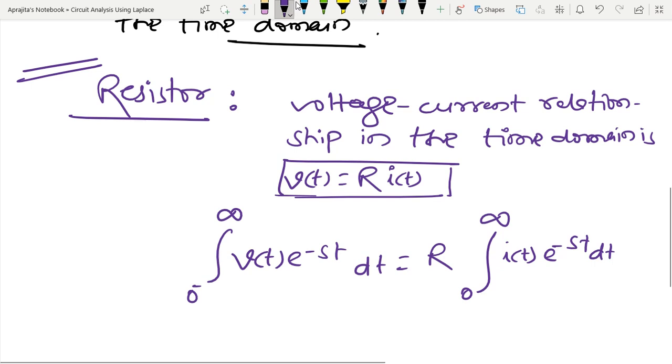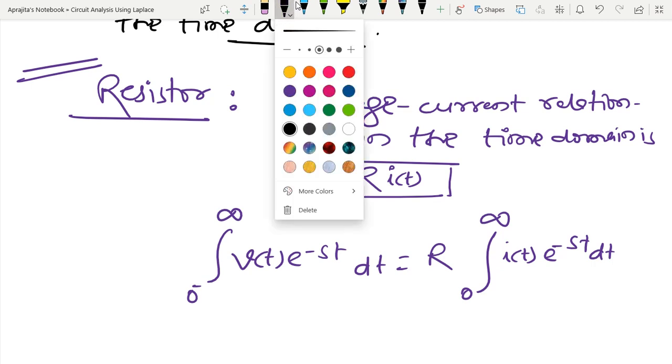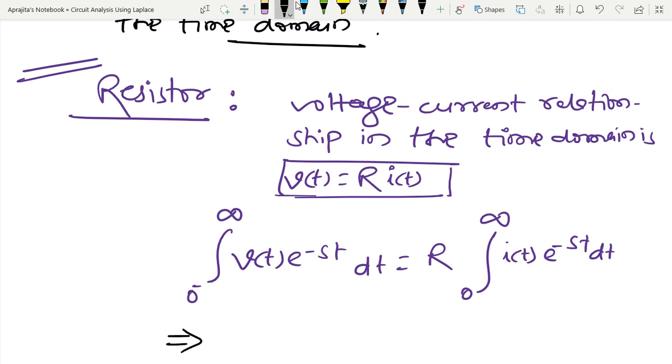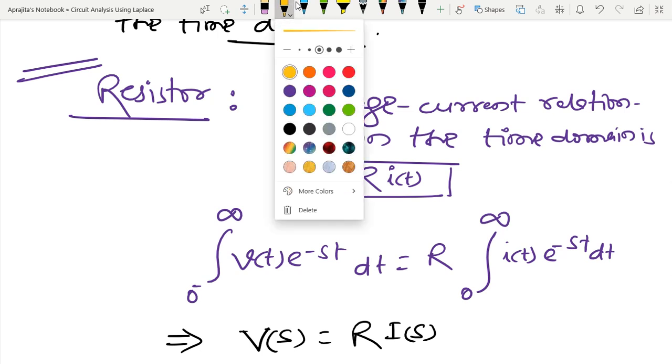It is common practice to write this as a capital letter. So V(s) equals R, a constant that remains the same, times I(s).